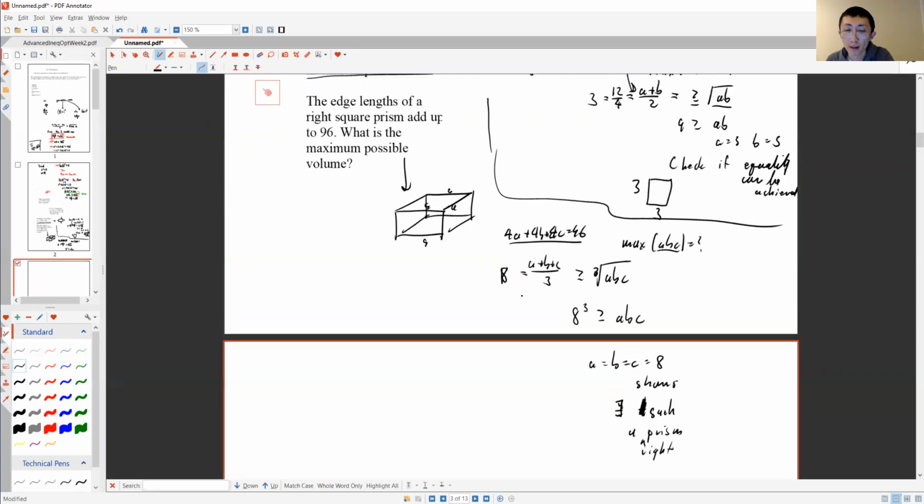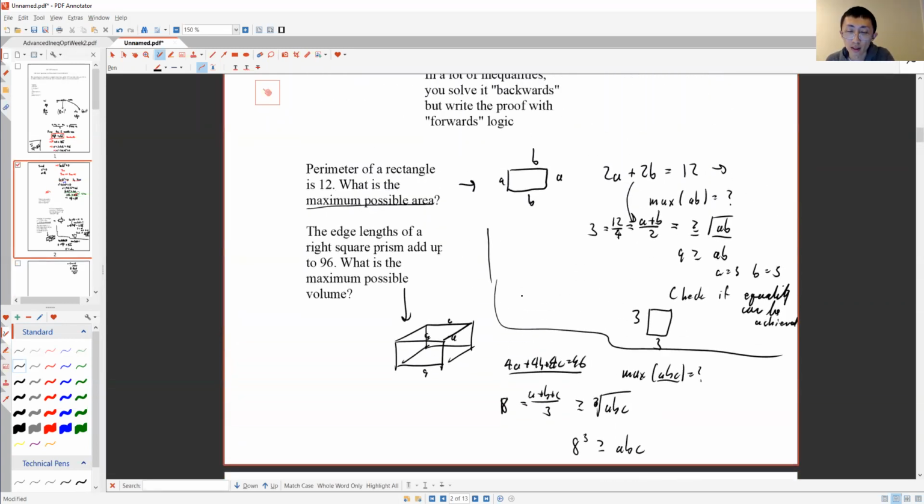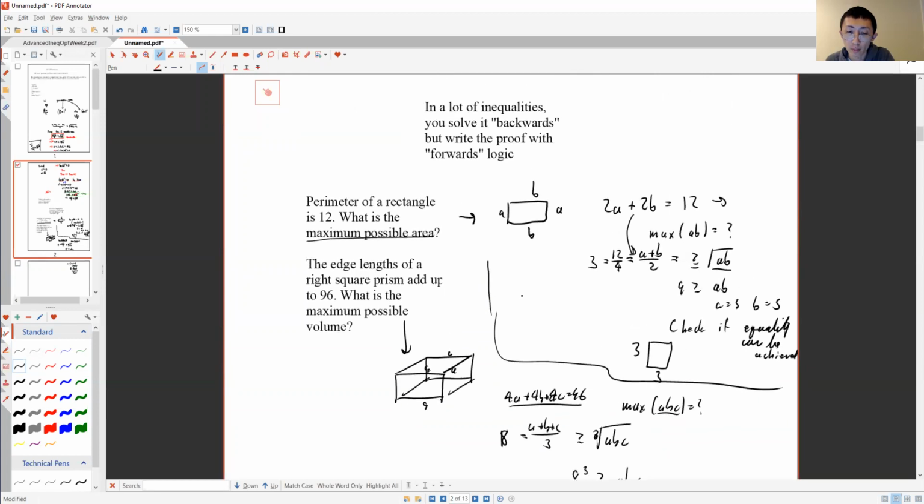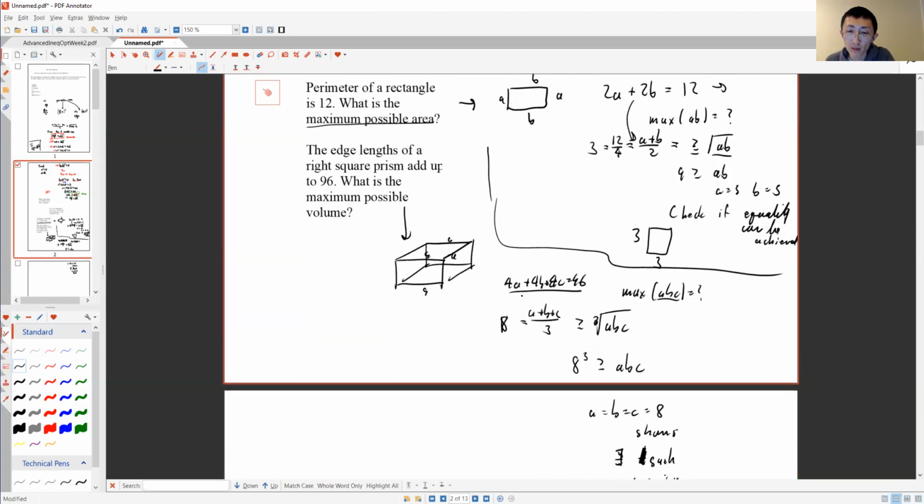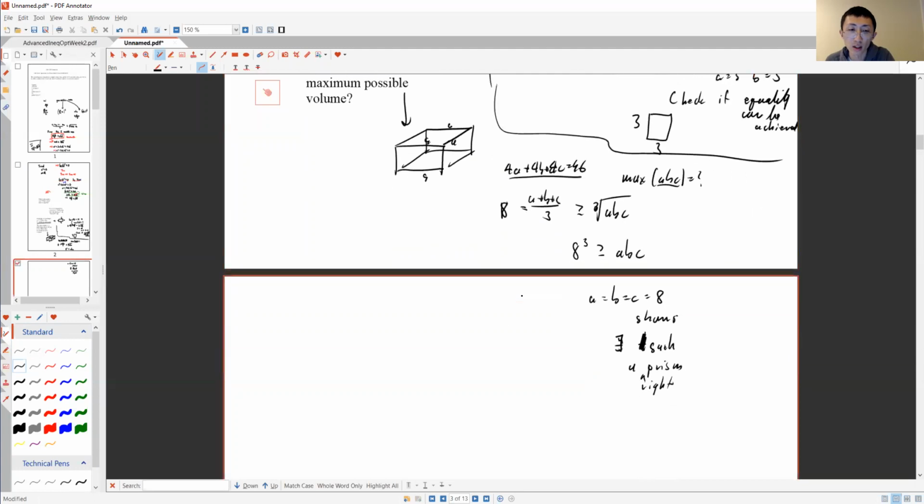Okay. So a lot of these problems where you have to maximize some volume given something else is constant, you might consider AMGM. I guess this is worth writing down.